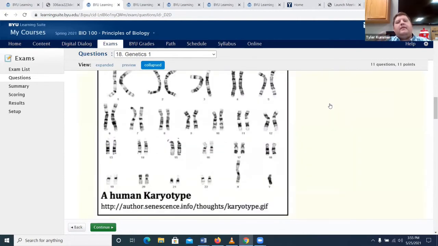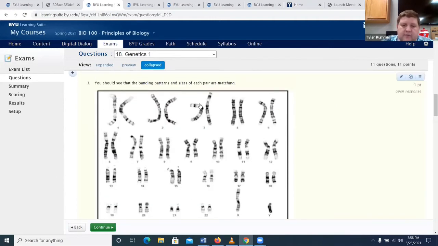But the big thing I want you to understand is, how do we take an individual's DNA and combine it with another individual's DNA and produce an offspring that has the same number of chromosomes, okay? So we have 23 pairs of chromosomes, 46 total. Those chromosomes exist in homologous pairs.